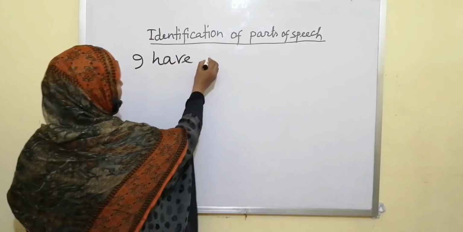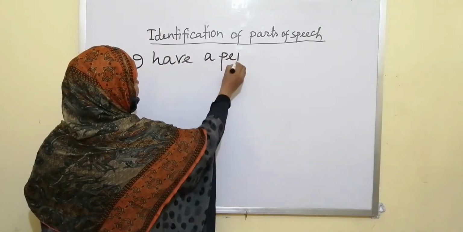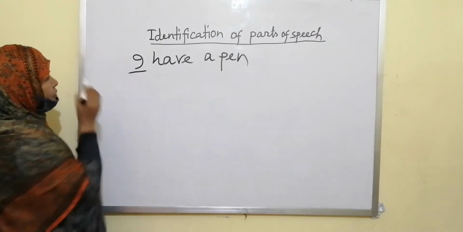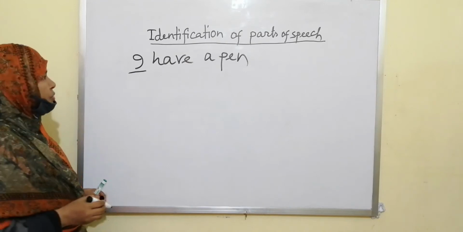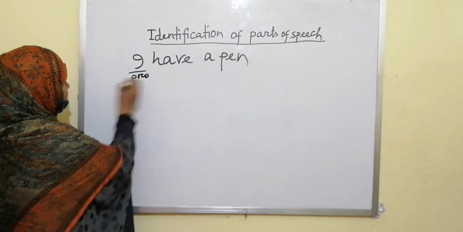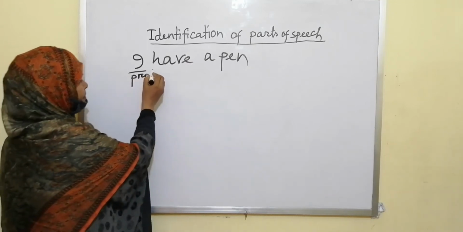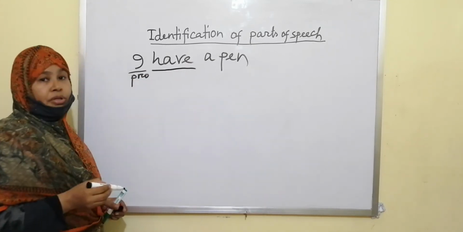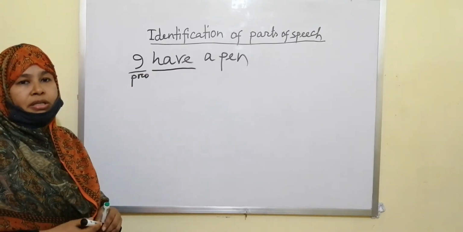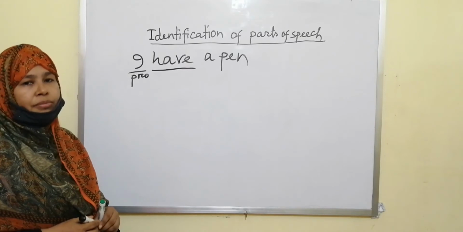I have a fan. Dear student, you know that for understanding noun, we use pronoun. So, I is pronoun here. Then, verb, have. Dear student, you know that have, has, had, shall, will, is, am, or was, they are primary auxiliary verbs.